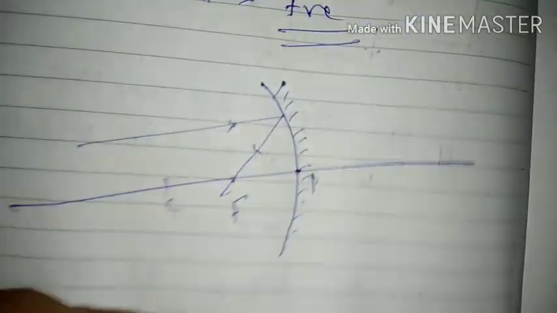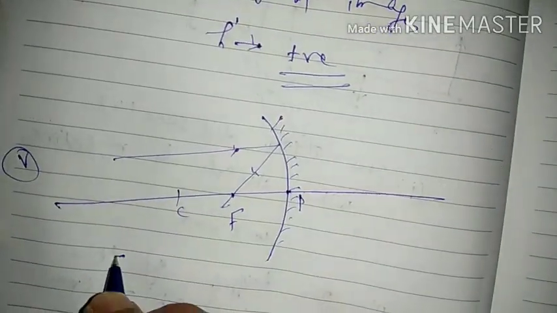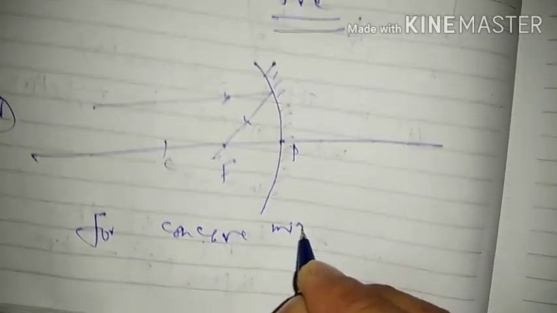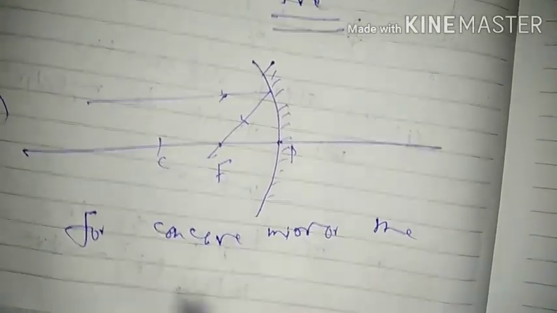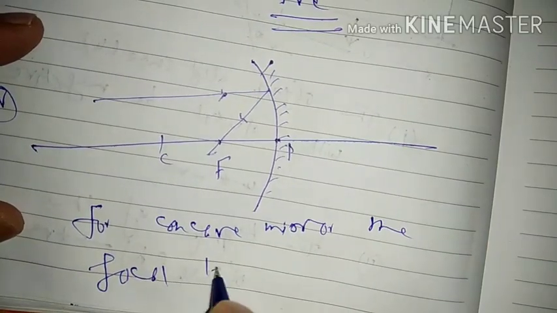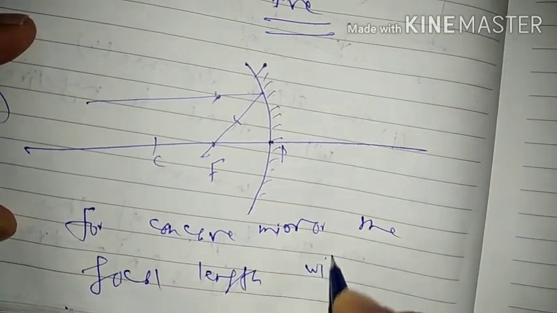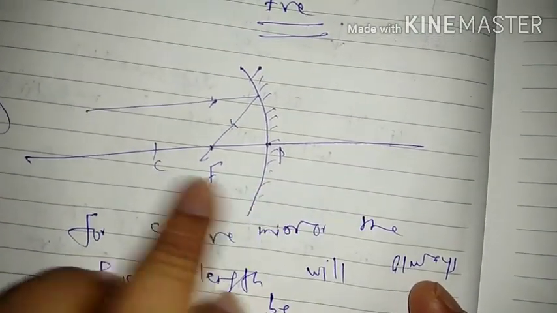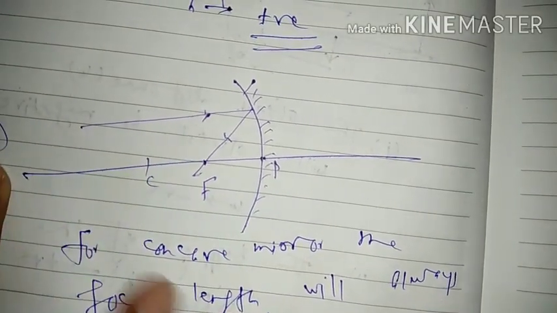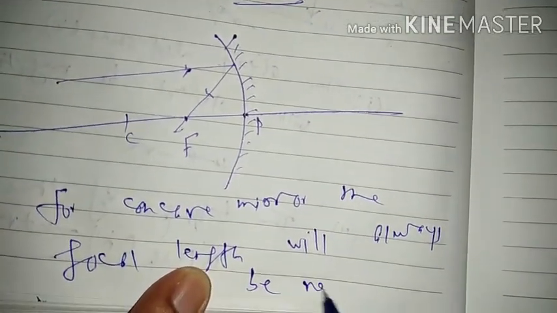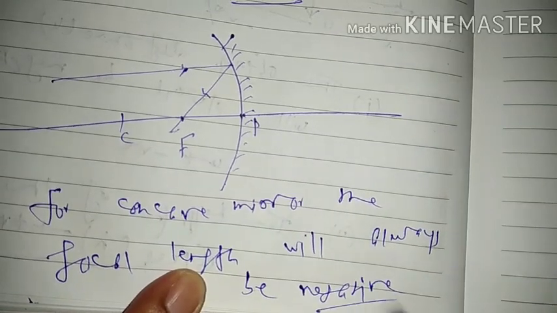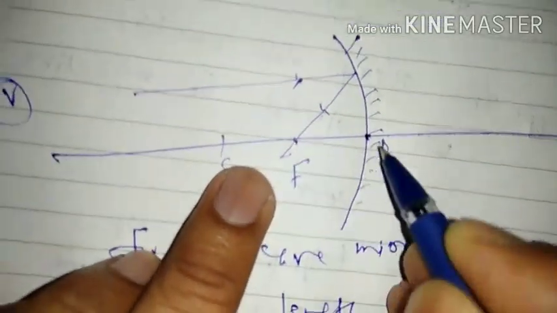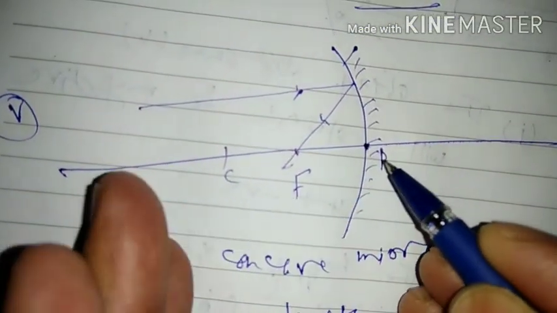So now the fifth point: for a concave mirror, the focal length will always be what? Positive or negative? Negative. Always negative. Why is it negative? Because the focal length f of a concave mirror is left of the pole.